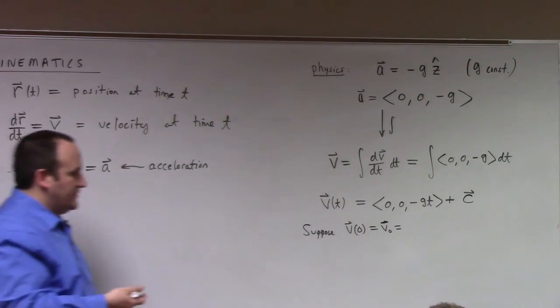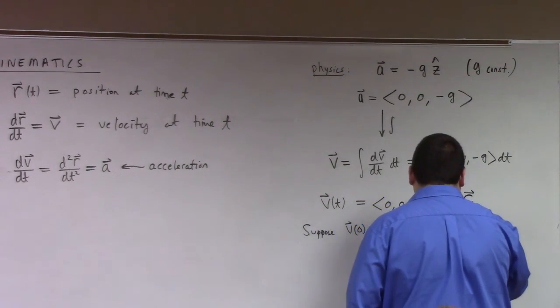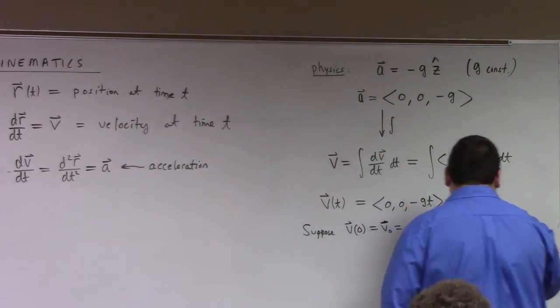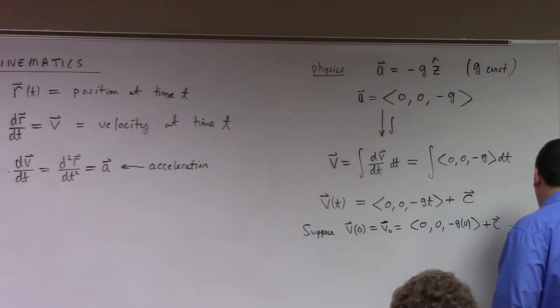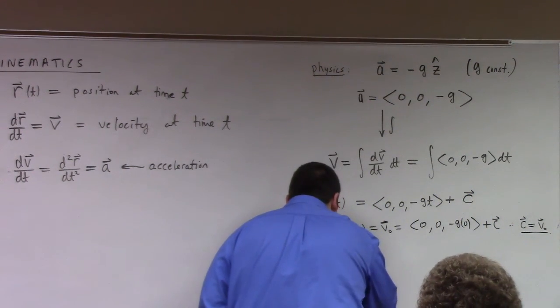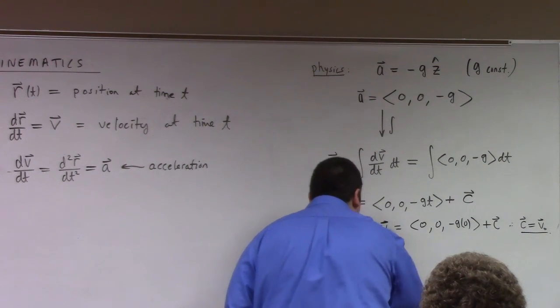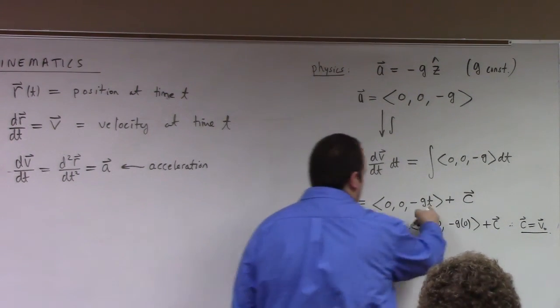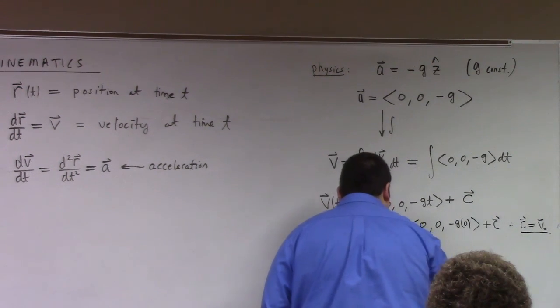Well, that's also going to be equal to 0, 0, minus g times 0, plus c. So therefore, c is in fact equal to the initial velocity. So there you go. The velocity at time t is equal to v naught minus gt z hat.